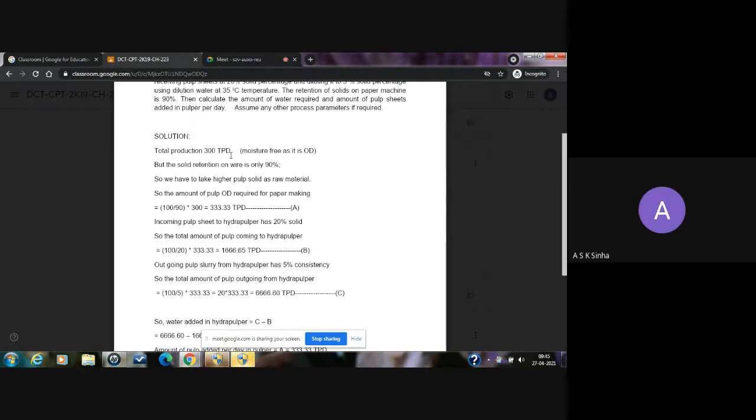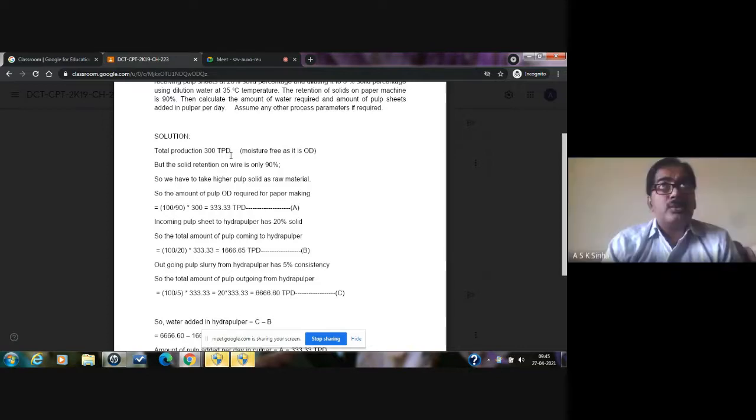Again, during the filtration in the wire section, some of the fibers will be passing through the wire holes, and some fibers will maybe remain in other sections like the pulp section, or in the pulper where we are handling the grow pulper.